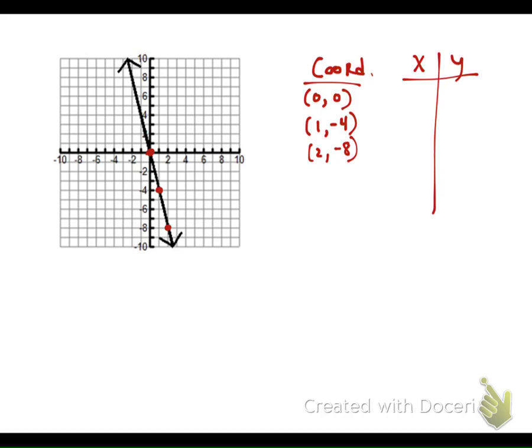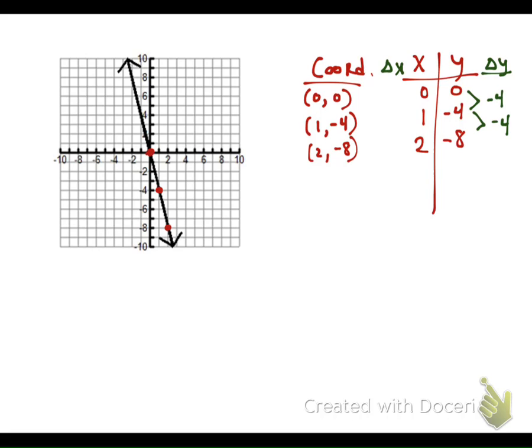And now, with just about 3 points, I can start making my table. I'm going to put these into the table that I already have: 0, 0, 1, negative 4, 2, negative 8. And now I'm ready to find my rate of change. My delta y, or my change in y, is minus 4 again.